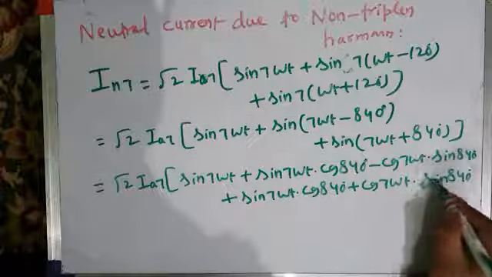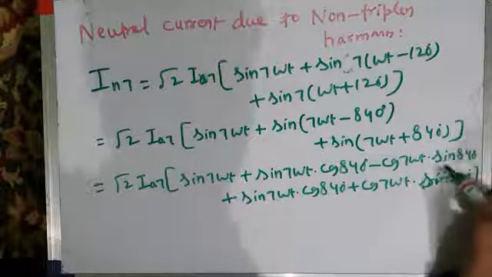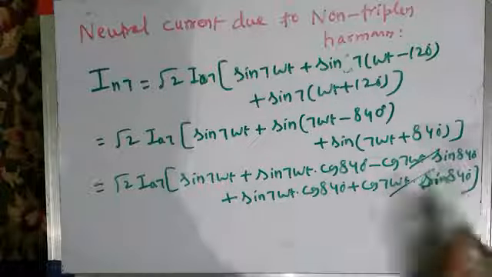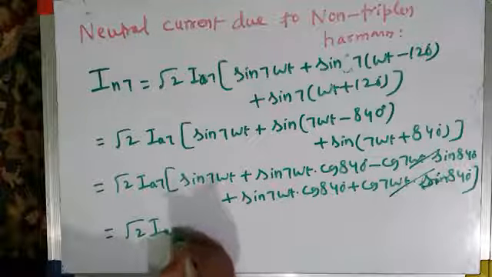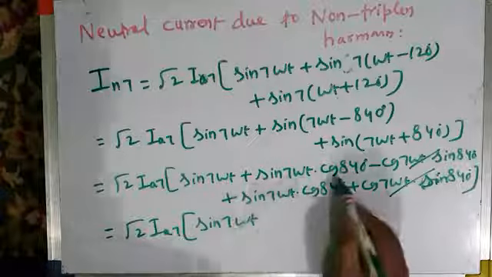Now minus cos 7 omega t sine 840 degrees cancels with plus cos 7 omega t sine 840 degrees. What are we left with? Root 2 IA7 times sine 7 omega t cos 840 degrees.